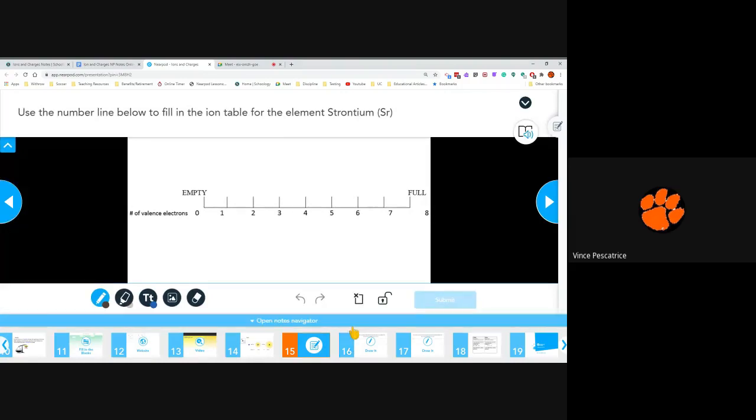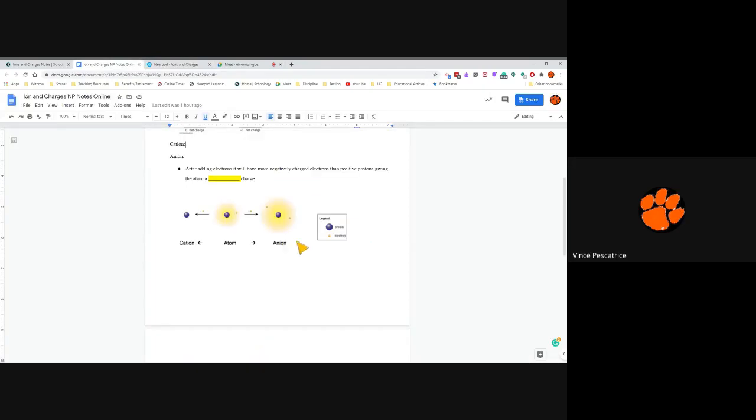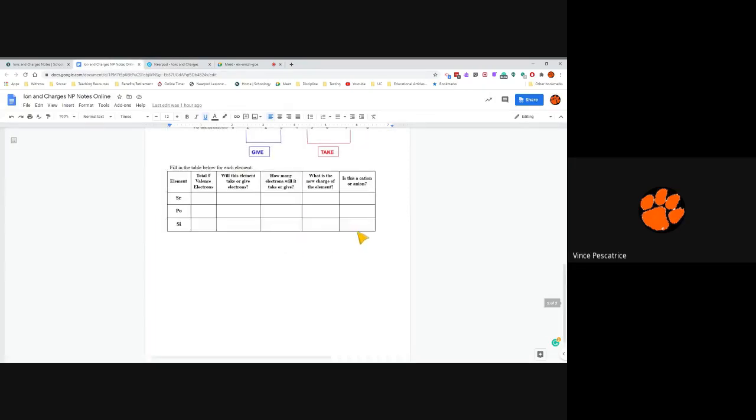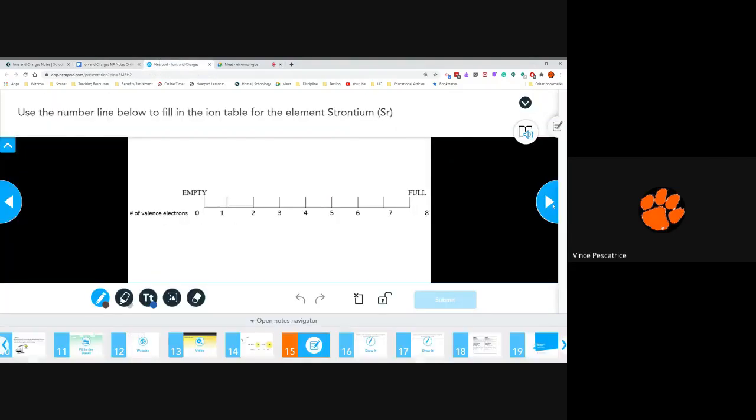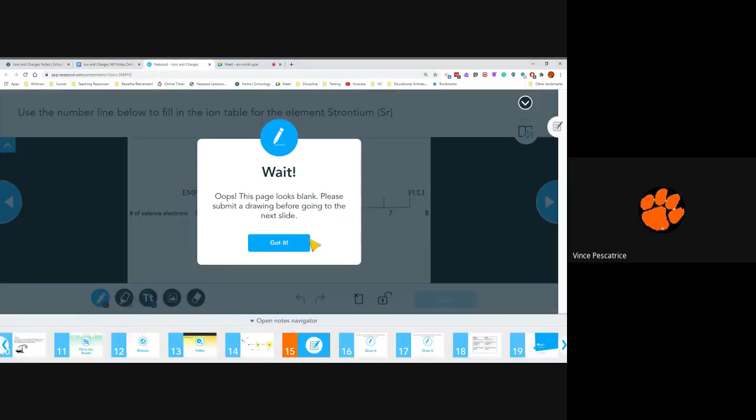All right. So for this, I'm actually going to switch over to your notes. What I've done is I've broken up this table at the bottom here into strontium, polonium, and silicon, and I've split that up into 3 separate problems.